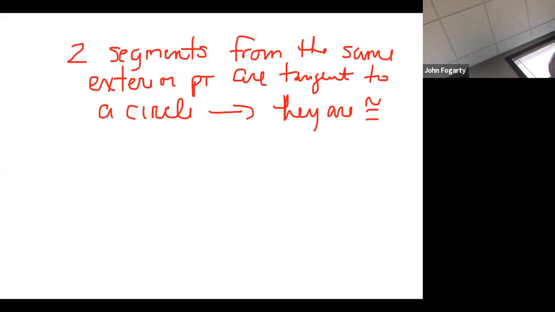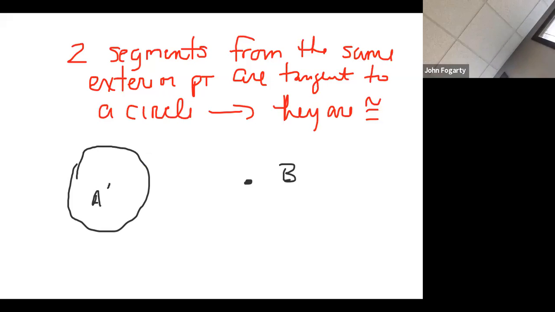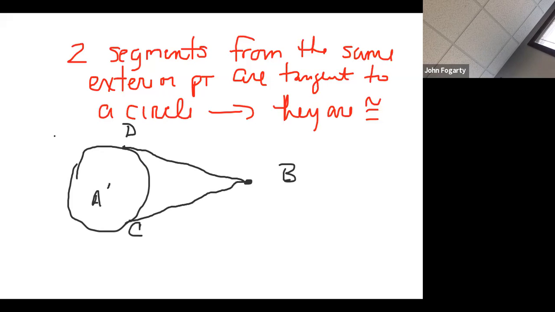Now, this is what that looks like in a picture, fellas. Here's a circle, we'll call it circle A. Here's a point out here. We'll call that point B, okay? I'm gonna draw a segment. This would be DB. And I'm gonna tell you that DB is tangent to circle A. Then I'm gonna draw another segment, and I'm gonna call it BC.